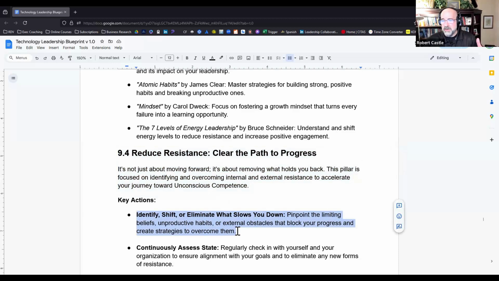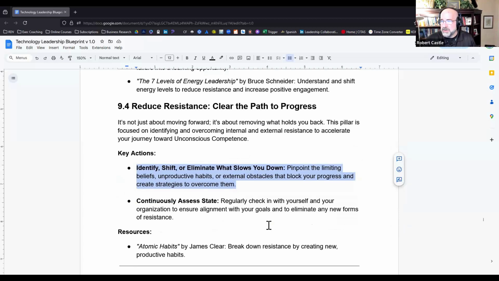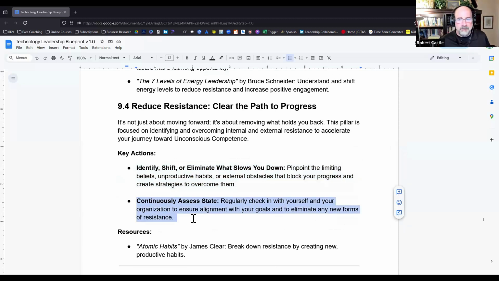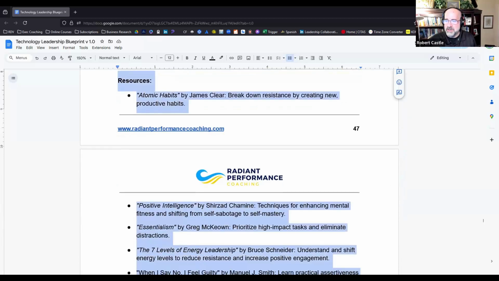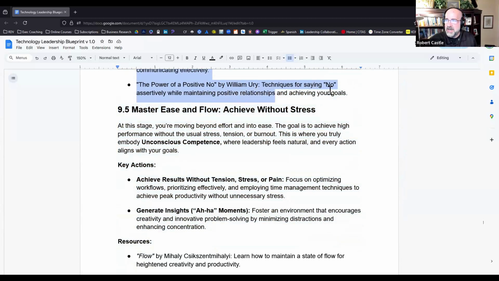Pinpoint the limiting beliefs, the unproductive habits, or external obstacles that block your progress, and create strategies to overcome them, and continually assess state. So regularly check in with yourself and your organization, your trusted friends, trusted confidants, to ensure alignment with your goals and eliminate any new forms of resistance. And there's a number of different resources I recommend in this stage.